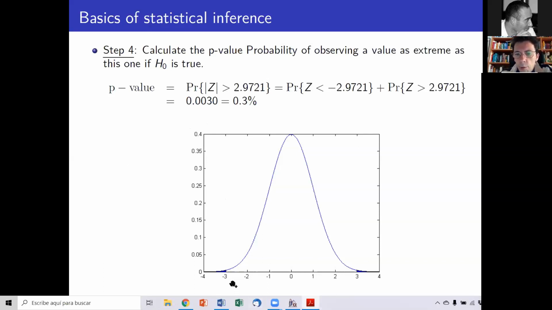So you go to the normal 0, 1. The normal 0, 1 goes from -3 to 3, and then observing 2.97 or more extreme than that. More extreme than that is only this area. So the area under the Gaussian gives you the probability. But it is as extreme observing a positive deviation of 0.6 or a negative deviation of 0.6.